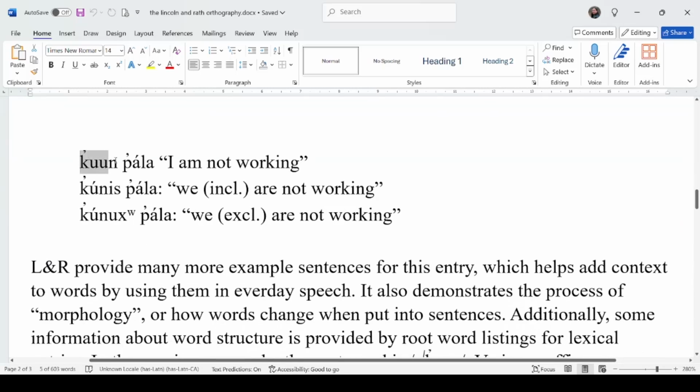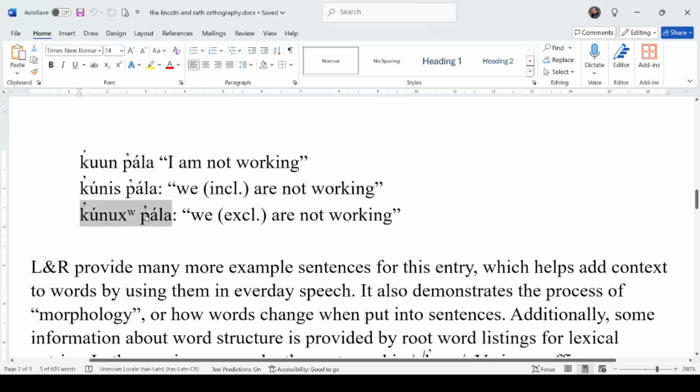So we have Q'un p'ala, Kyun ala, which means I am not working. There's another example listed in the 1986 dictionary. Kyuni spala, which means we, inclusive, are not working. So that means we, including you, the person that's being spoken to. Everybody here is not working.